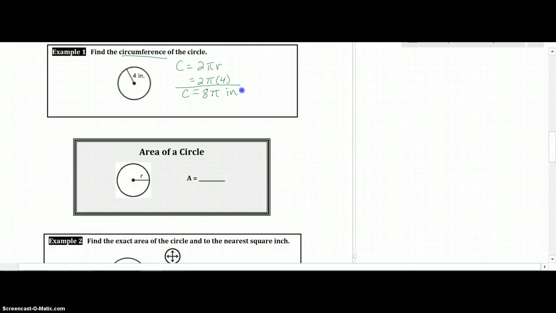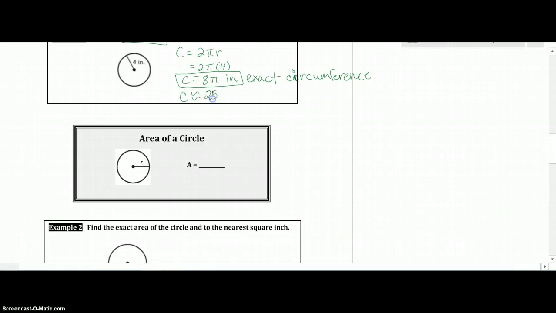Okay, this is the exact circumference. But if you want to type that into your calculator, you could do 8 pi, or 8 times 3.14, and get a decimal approximation and say that C, or circumference, is approximately 25.1 inches.